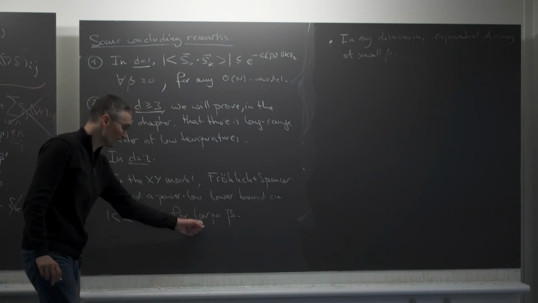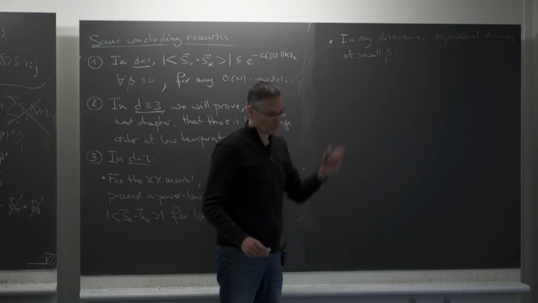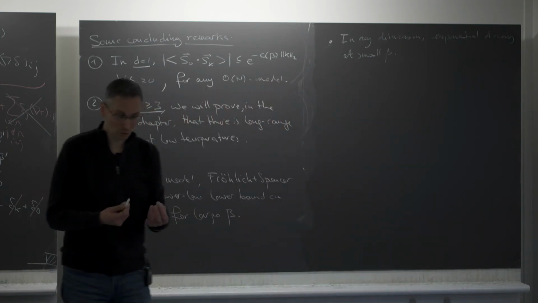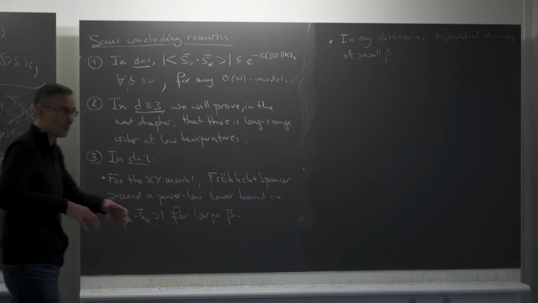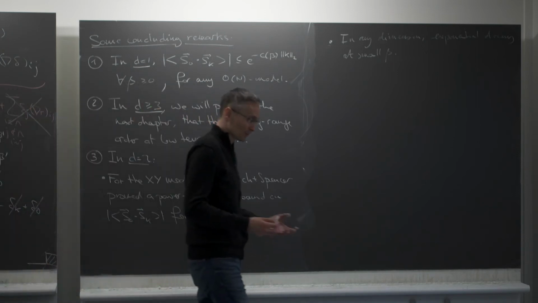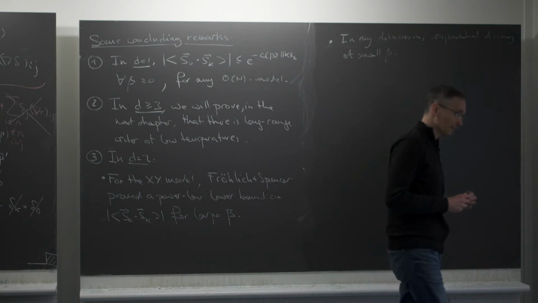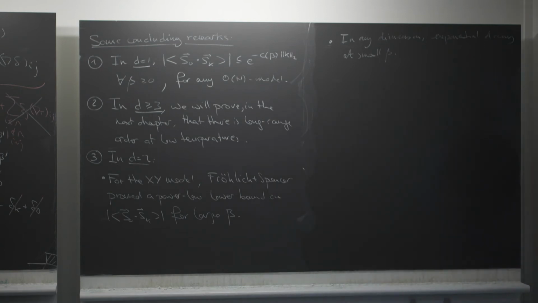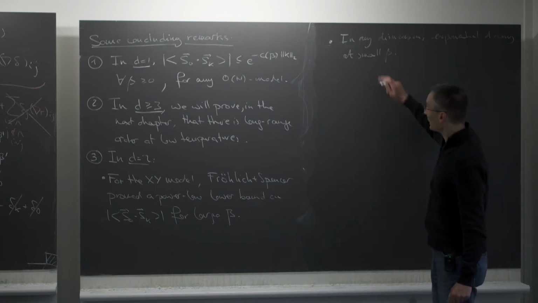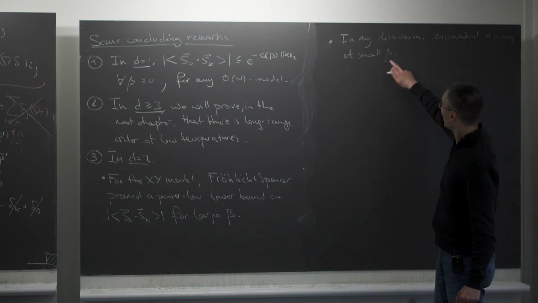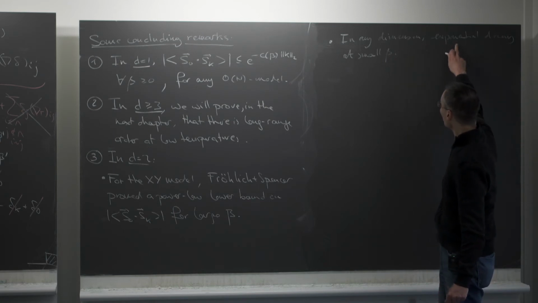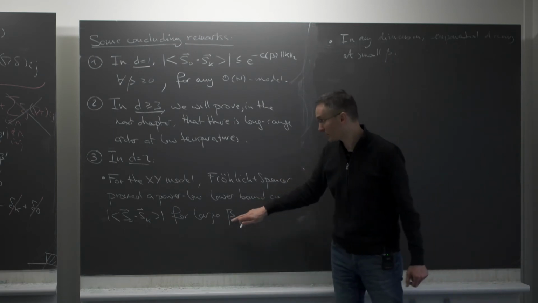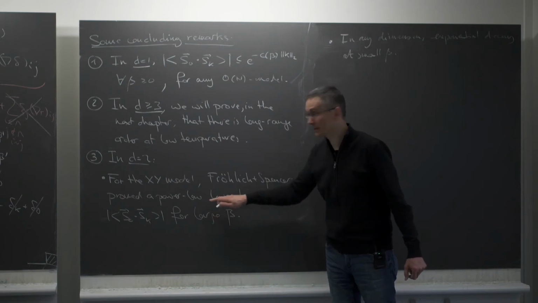But if you combine this observation with this observation, you see that in the XY model in dimension 2, even though there is no phase transition in the sense of what we saw in the Ising model with a positive spontaneous magnetization, there is still a phase transition of a much more subtle kind in the behavior of the two-point function. So at high temperature, the two-point function decays exponentially fast, while at low temperature, the two-point function decays only as a power law.